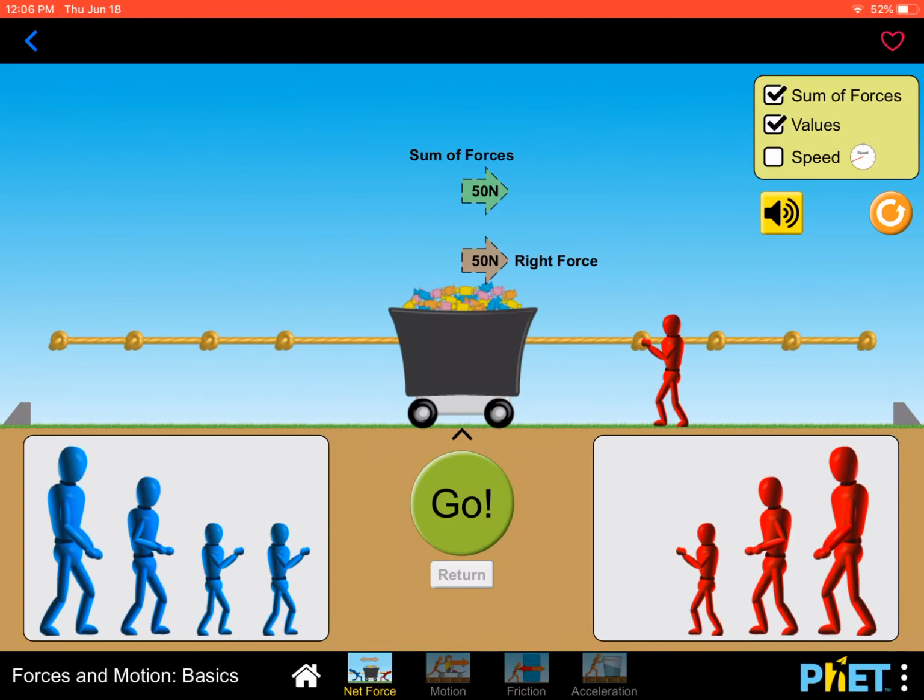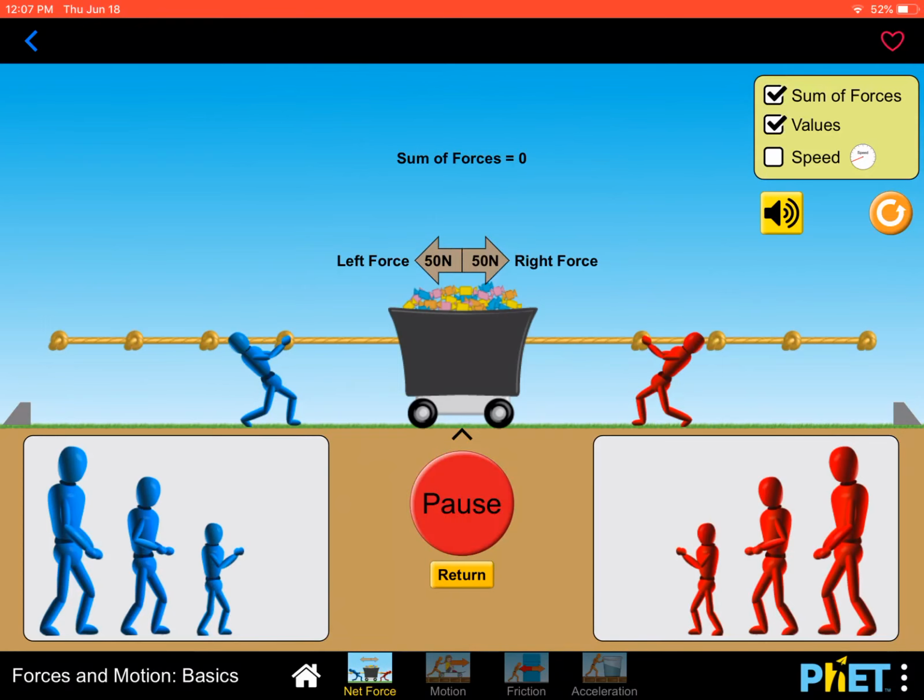Now let's say I have one on this side. Then you can see we got a force on the left of 50 newtons and a force on the right of 50 newtons. So what is the sum? The sum is 0, right? So in which direction is this going to move? We say go, and we find that it doesn't move in either direction because the forces are balanced.